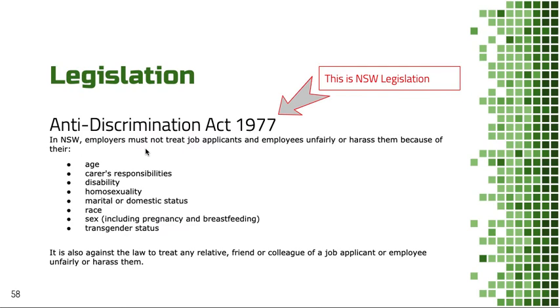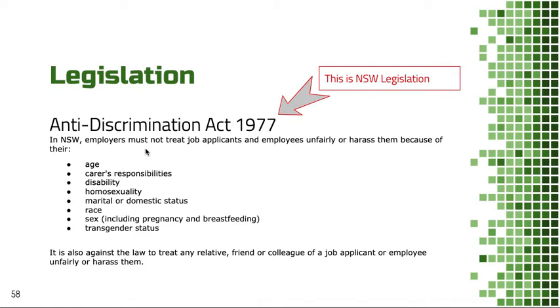So we then link into the New South Wales specific legislation. If EEO was federal legislation, then the Anti-Discrimination Act 1977 is the New South Wales version of that. And it's really specific, and there's some examples that I've got up here for you on things that you can't do towards your employees. You cannot treat job applicants or employees unfairly or harass them based on age, disability, sexuality, marital status, race, gender, transgender, any of those sorts of things.